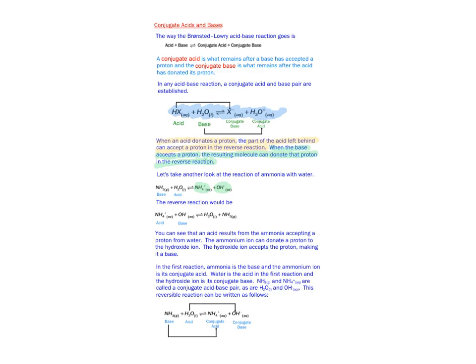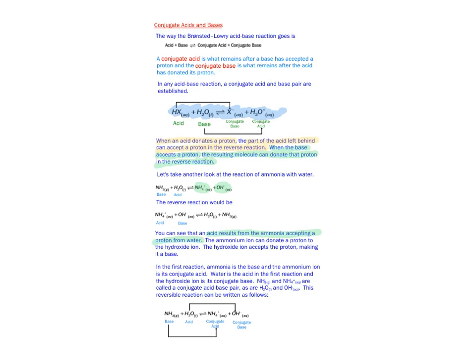Ammonium plus hydroxide would give us water plus ammonia. So we can see that an acid results from the ammonia accepting a proton from water. The ammonium ion can donate a proton to the hydroxide ion. The hydroxide ion accepts the proton, making it a base.